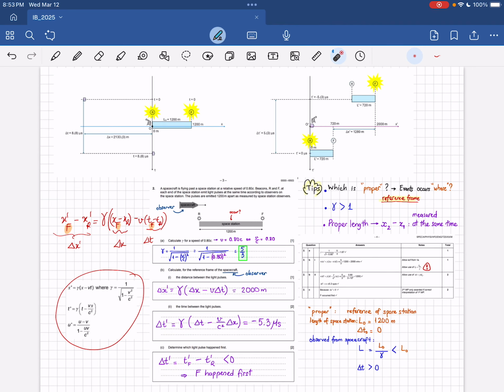That's why here the R happened at a different time. The light pulse emitted from the F position occurs at a different time point from the one at R. That's why we cannot apply the length contraction here.